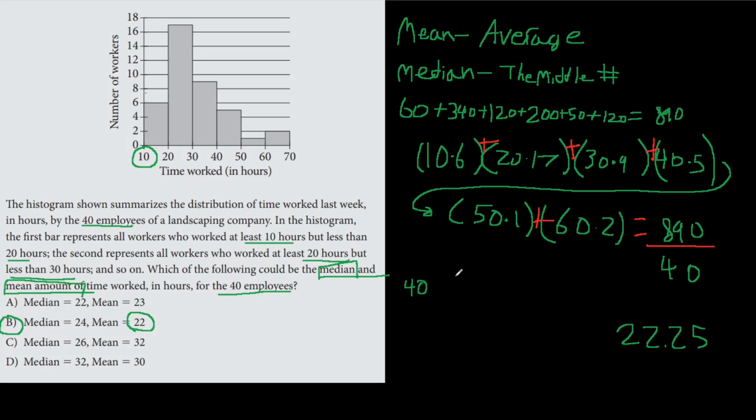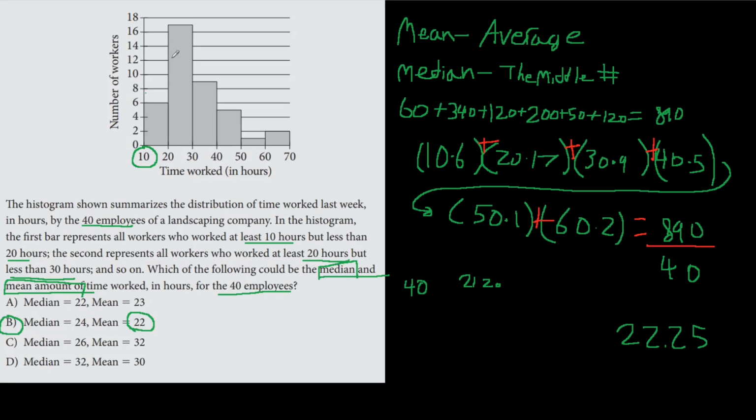You would think that that's 20, but because this is an even number, there's not one single number in the middle. So what you have to do is take the average of the two most middle numbers, so that's 20 and 21. So if we look here, at 21, right here we have 6 plus something.